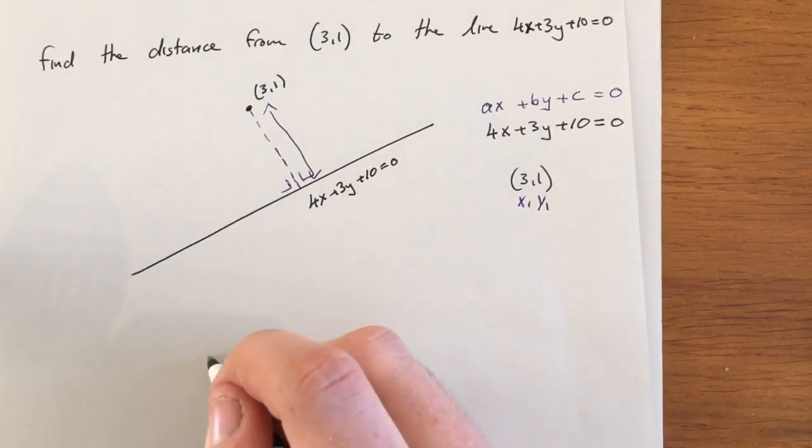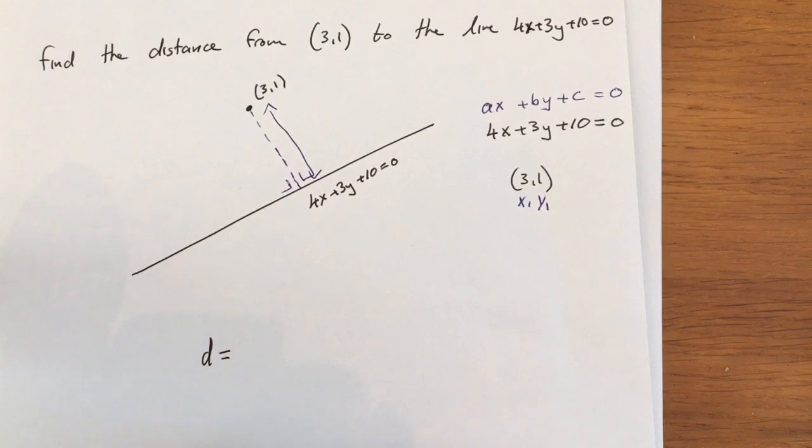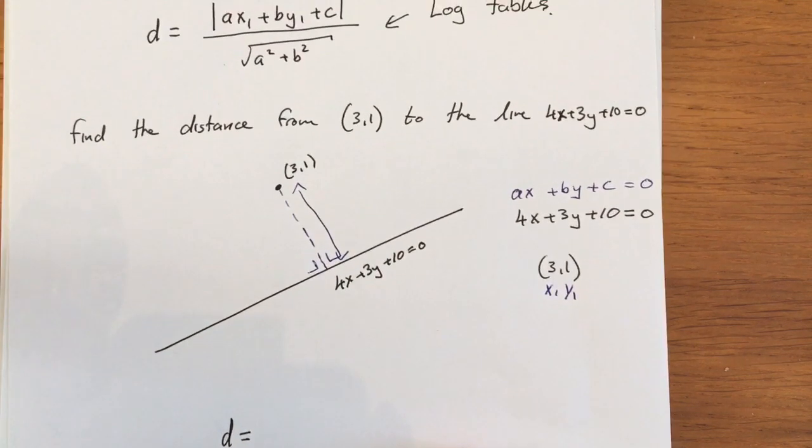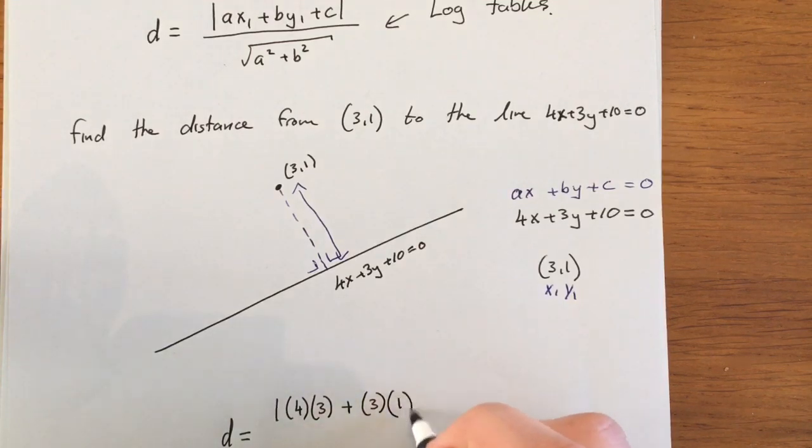So to fill everything into the formula, the distance is equal to A, which is my 4, by x1, which is my 3, plus B, which is 3, multiplied by y1, which is 1, plus C at the end, which is 10, all over.